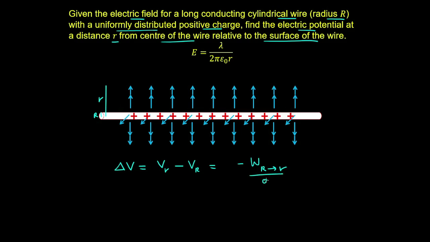And that's divided by the test charge, which is equal to minus the integral of the electric force, which is the test charge, by the electric field, integrated over r, from the radius of the cylinder to some distance above the center of the cylinder.